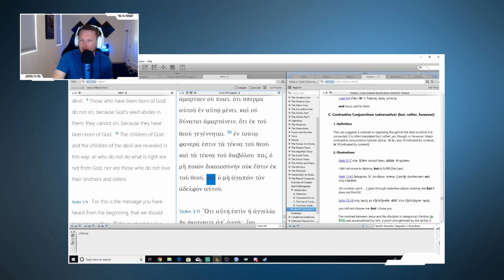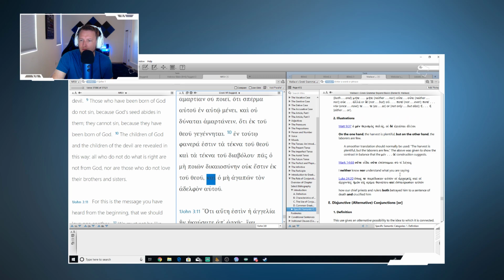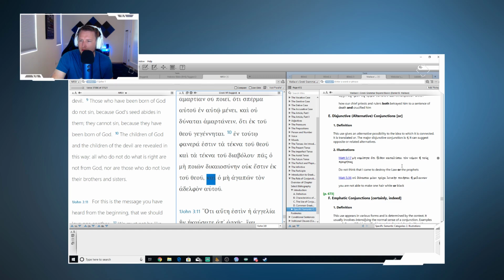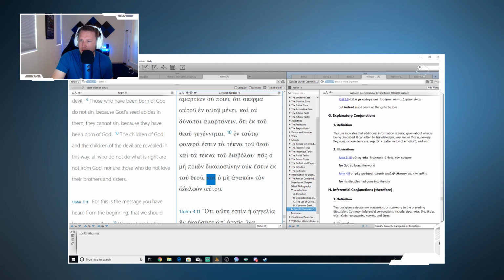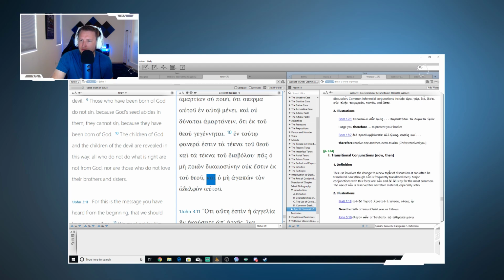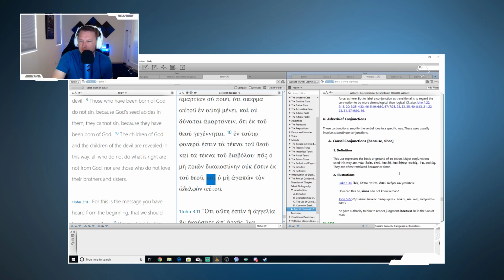That's not quite right either. It's not correlative. Disjunctive, though. It's not inferential, not transitional. It's not adverbial.